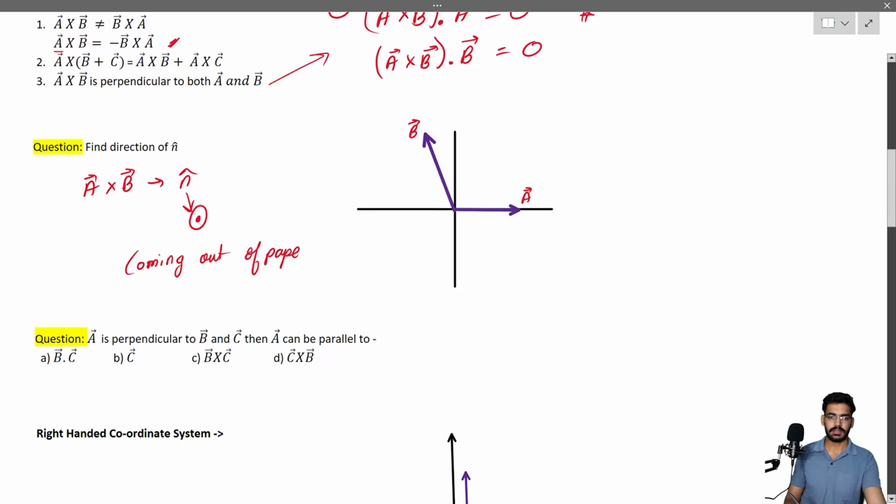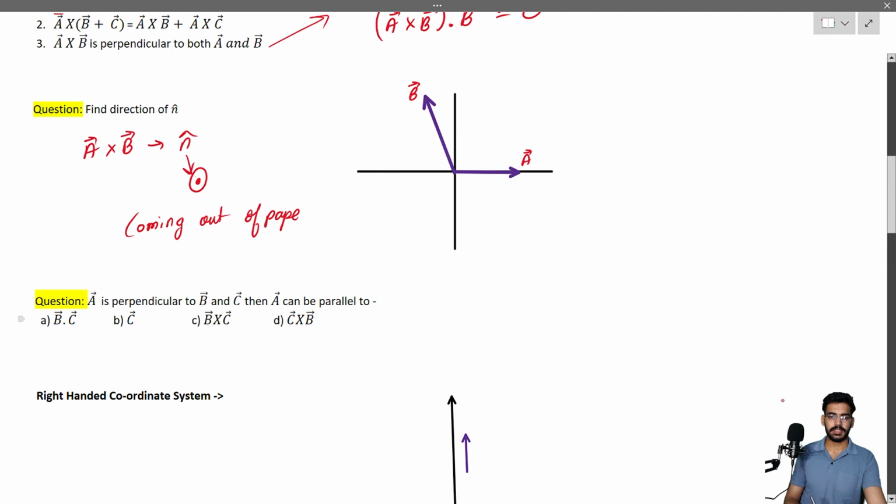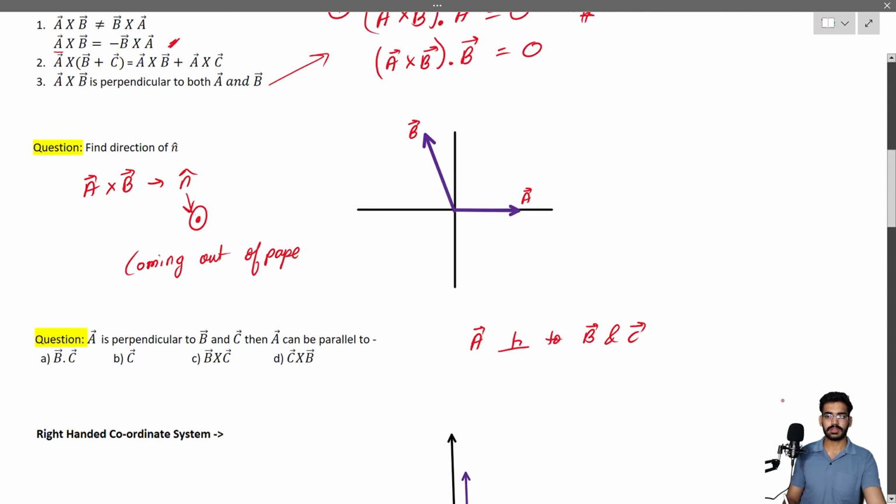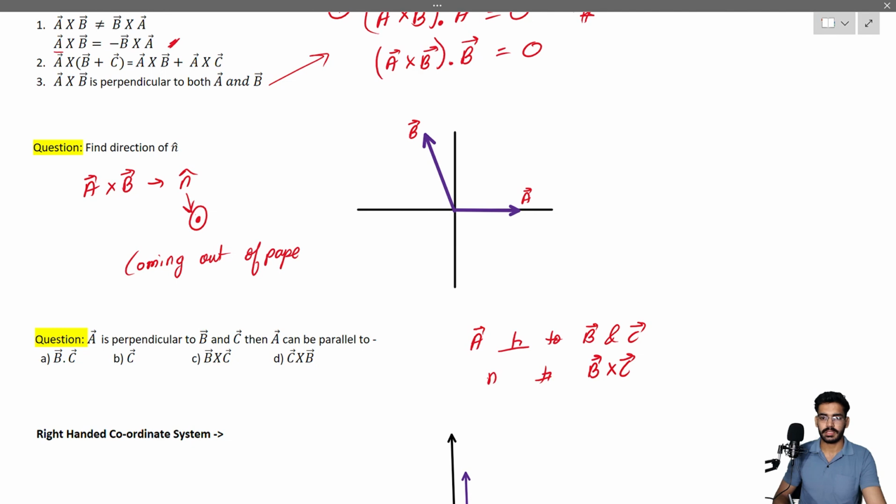Okay, now let's write down the next question. A is perpendicular to B and C, then A vector can be parallel to. Okay, A vector is perpendicular to B vector and C vector. Just now we have seen that the cross product of two vectors is perpendicular to both, right? So the cross product of B and C is going to be perpendicular to A vector, right?